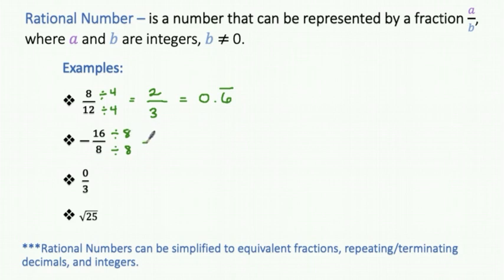So after we divide, our fraction will still be a negative. So 16 divided by 8 is 2, and then 8 divided by 8 is 1. So we're left with negative 2 over 1, which can be simplified to negative 2, because anything divided by 1 is itself.